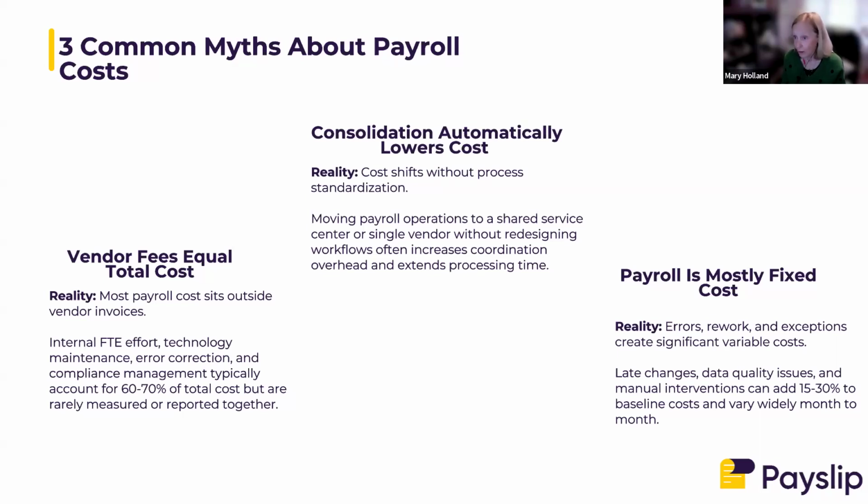Consolidation can help you and support you, but at the end of the day, I always have to think about, am I going to get the compliance piece that I need? I need to deliver that compliant payroll for two reasons: compliance for the organization, but compliance for the employee.